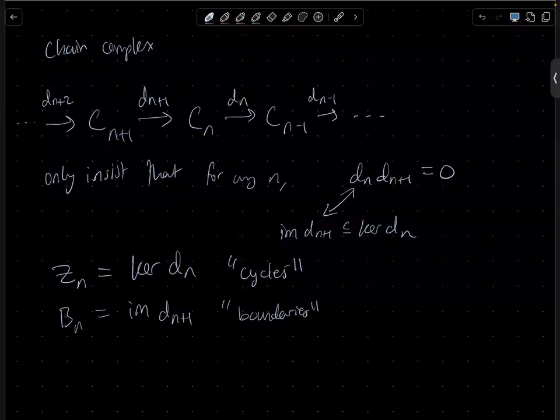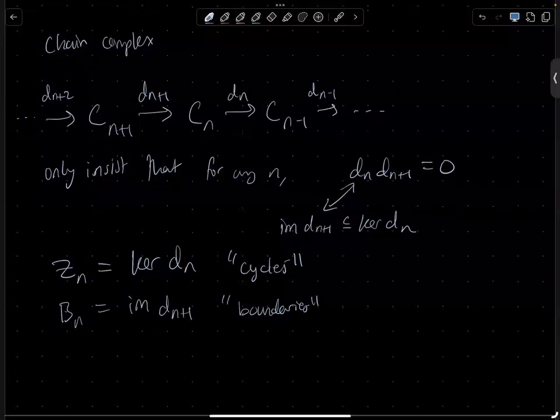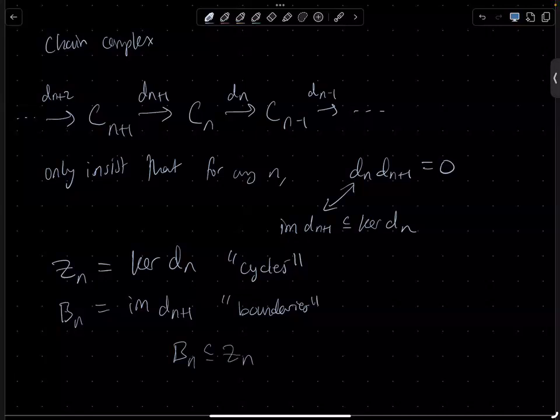So there's this containment: Bn is contained in Zn, because the two D's compose to 0. D is for differential; this name probably also comes from topology, from derived cohomology where it is a differential in some way.